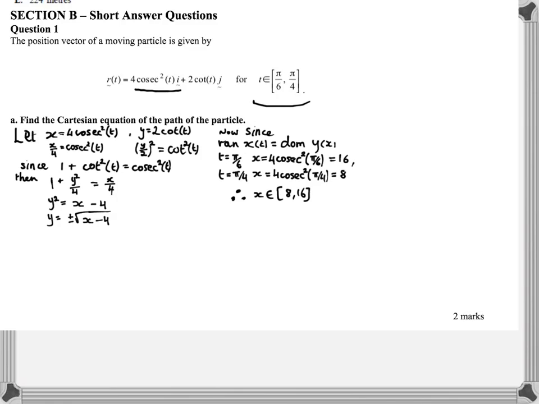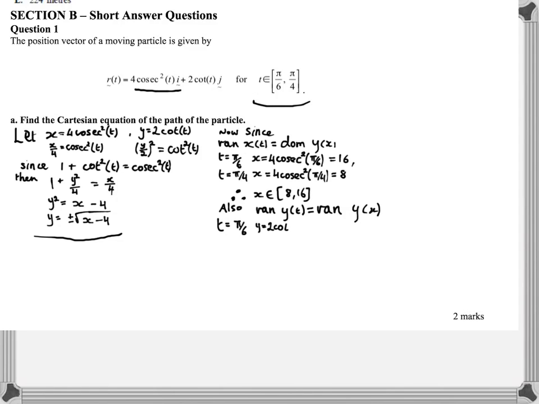Now don't just stop there, because what we also are interested in are the range of values for your Cartesian equation. That's going to give us an indication on which of the two rules here, the positive or the negative, is the correct one. So the range of the y function with respect to t is the range of the Cartesian equation.